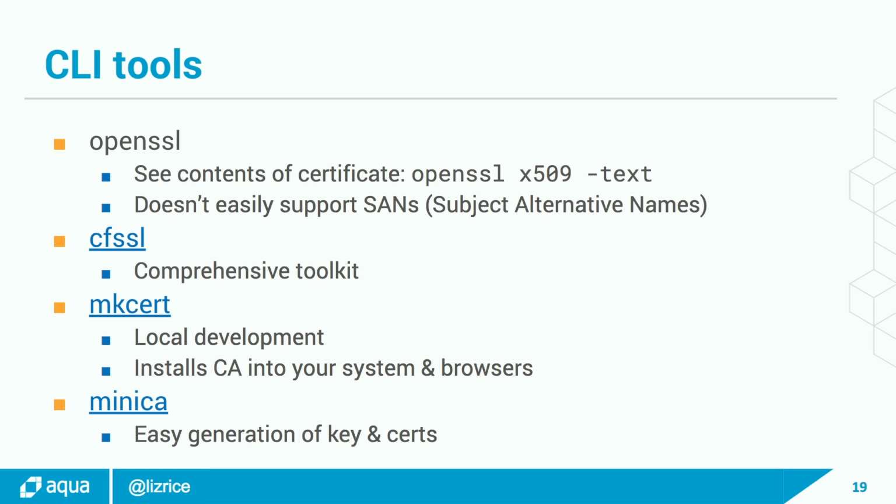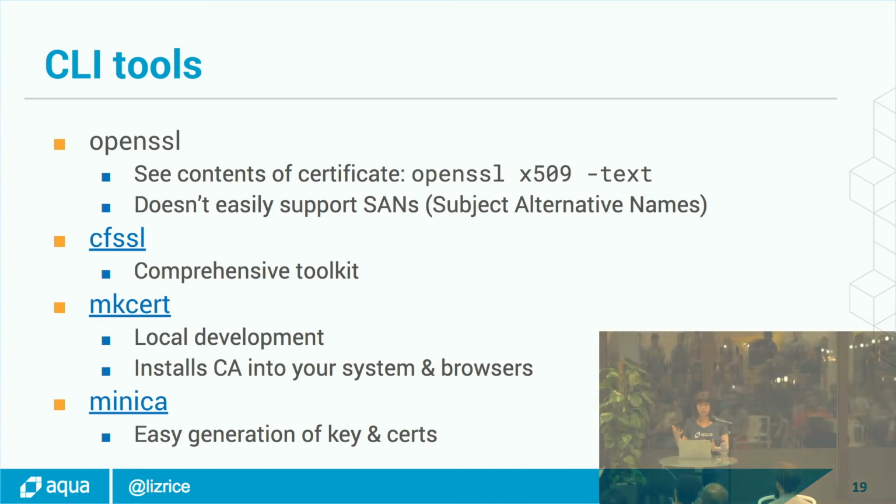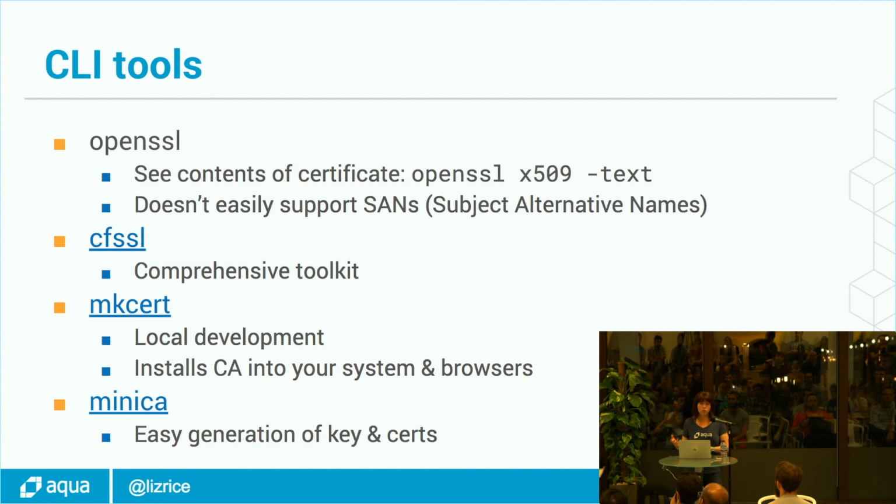And you might well choose to use one of a variety of different tools out there. OpenSSL, when I was first writing this talk, I was going to do the demos using OpenSSL, which is this pretty common and comprehensive toolkit that you can use for all sorts of encryption things, including generating keys and certificates.